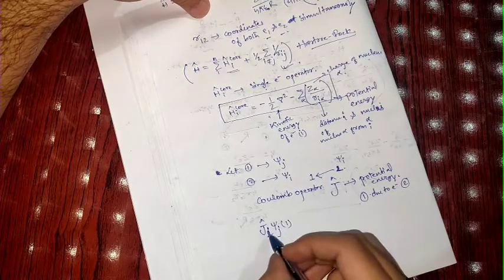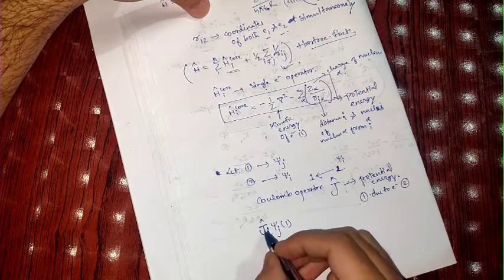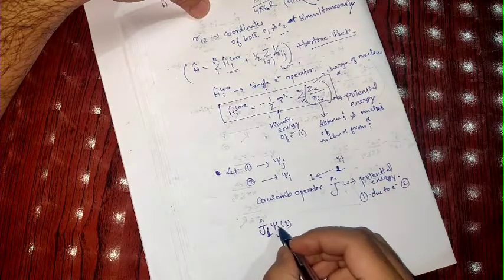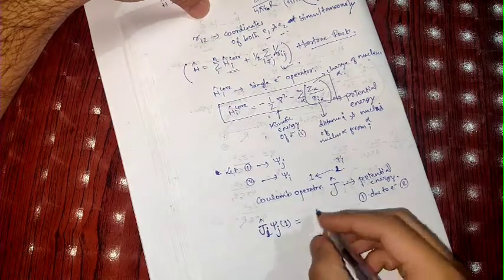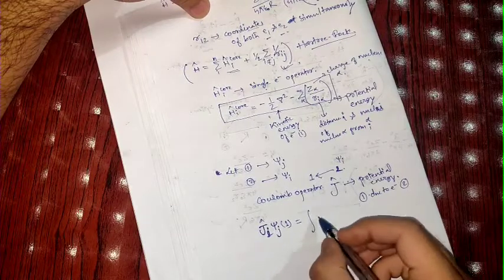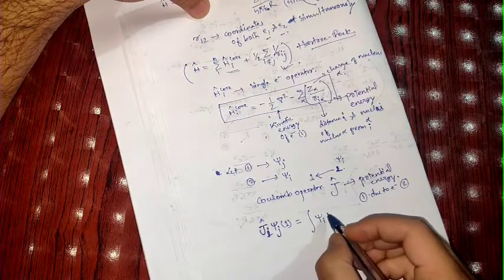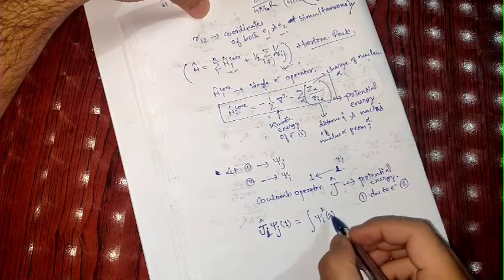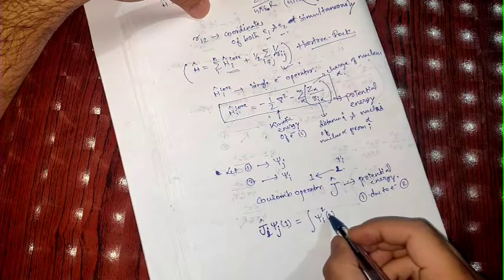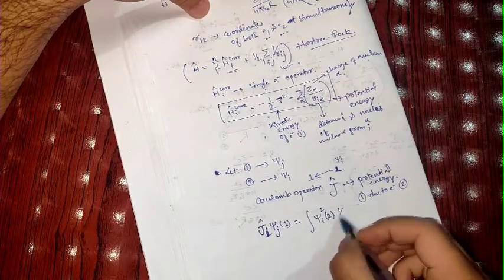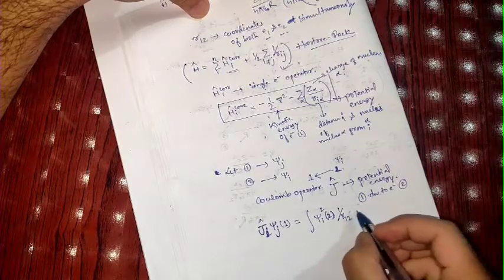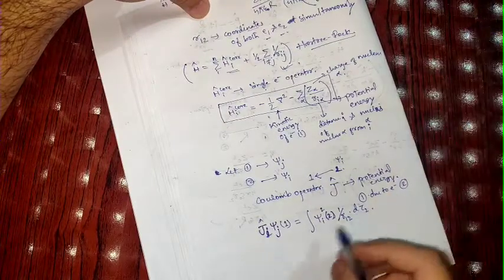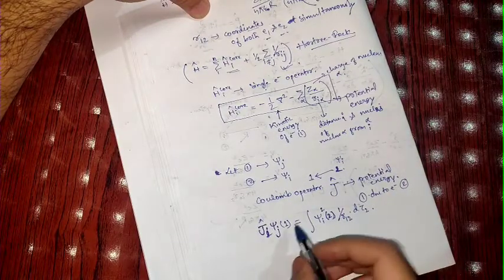It means the potential energy experienced by electron 1, which is in the orbital psi j. That will be given by the integration of psi i of 2 whole square, psi i square being occupied by electron 2, divided by the distance r12, d tau 2. That is the potential energy experienced by electron 1.